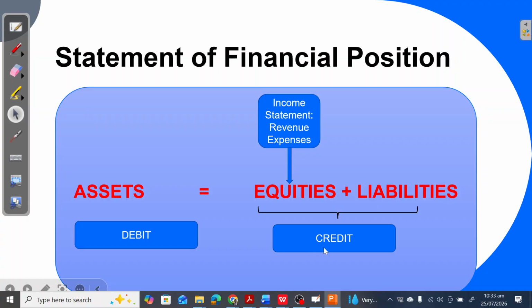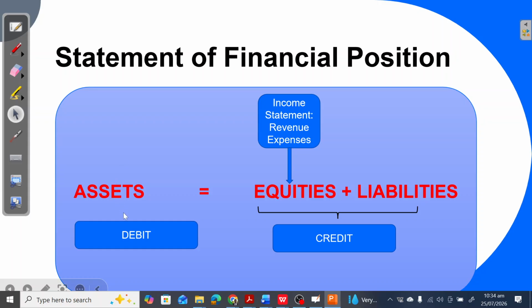The debits and the credits don't really have any intrinsic meaning. It's just to identify the position of the item. They don't really mean that when we debit an item, we are reducing it or increasing it.